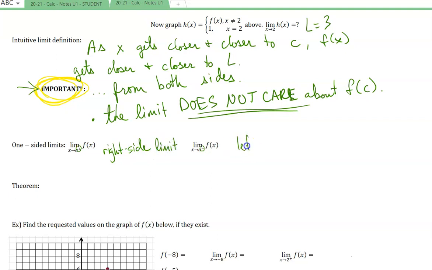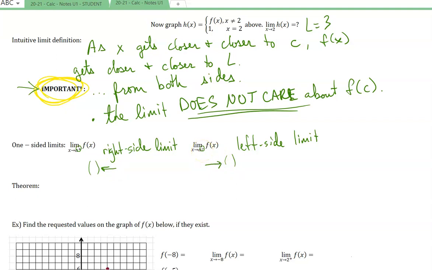And this is a left-sided limit. In other words, we only care about what the function is doing as we come from the right or from the left. So if this is our point at c, we only care about what the function is doing as we come from the right, or as we come from the left if we have a little minus there.